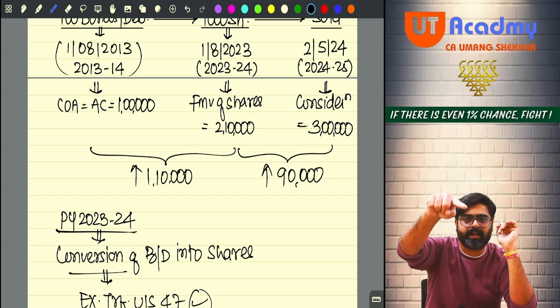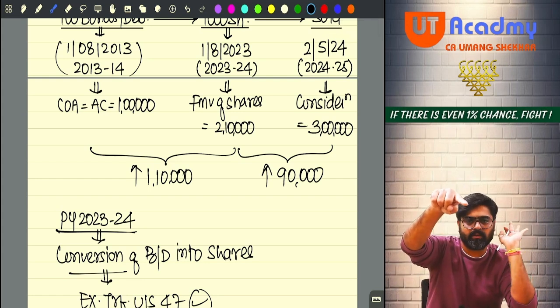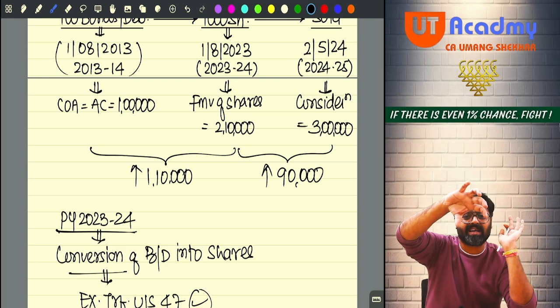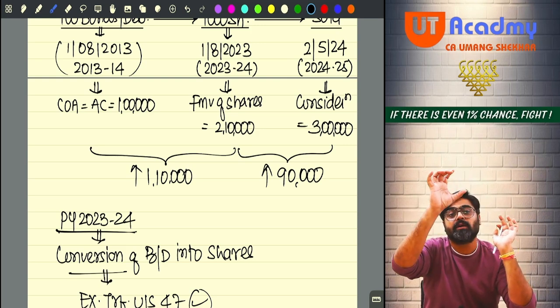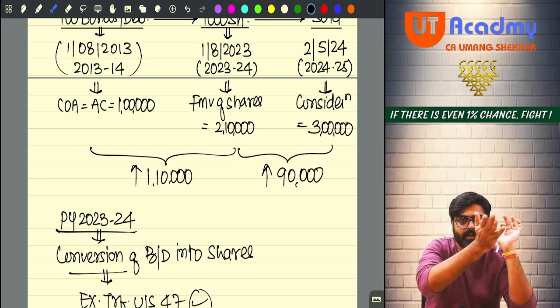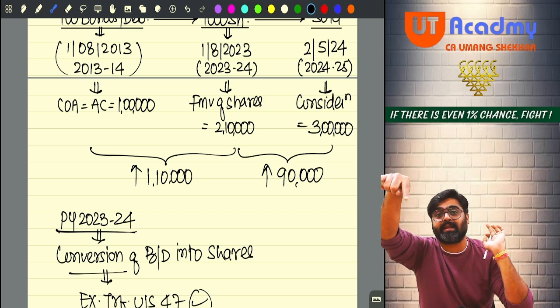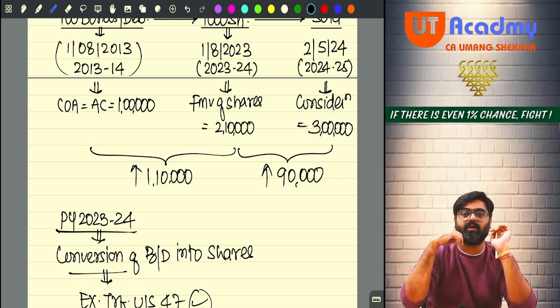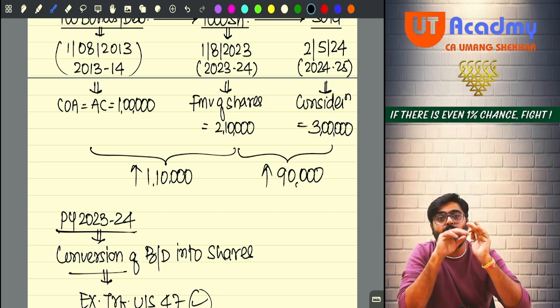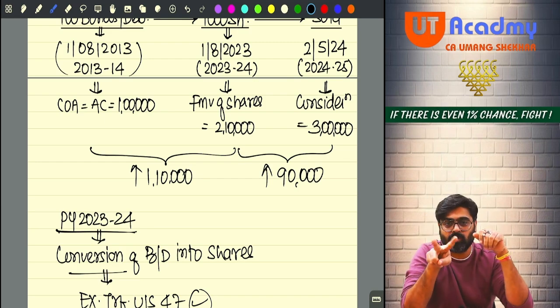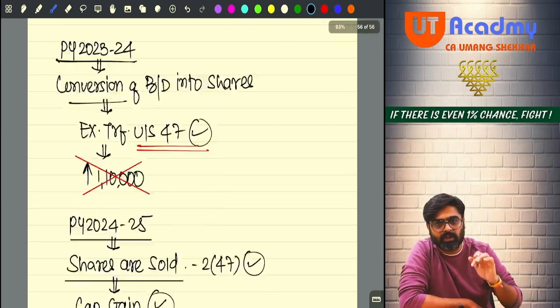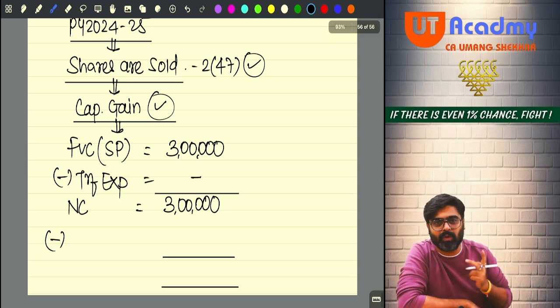Can I say this 90,000 gain is realized, the gain for the period for which I am holding the shares? So the gain of the shareholding period is getting realized, and also that 1,10,000 gain will also realize. So how much total gain is realized? 2 lakh. So here your capital gain should be 2 lakhs, no?